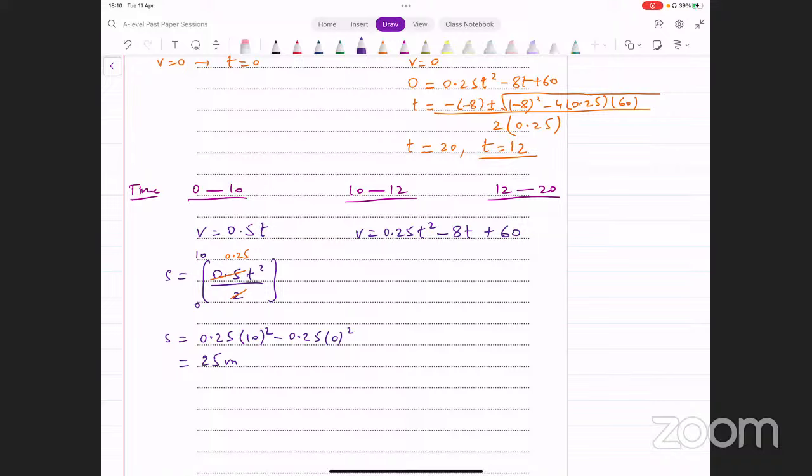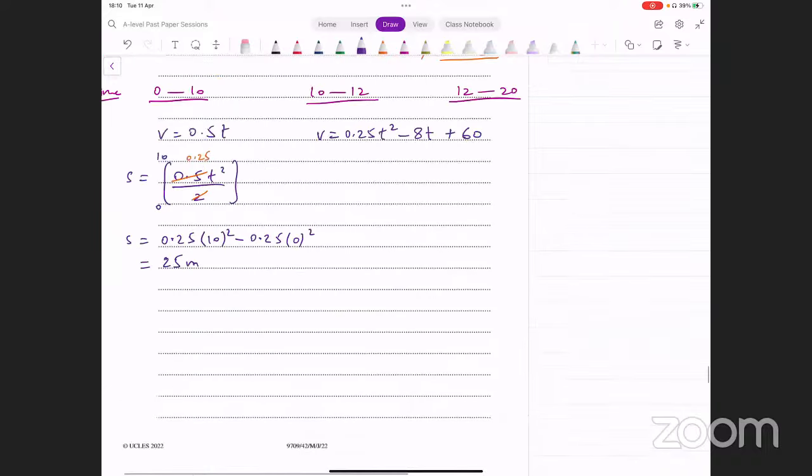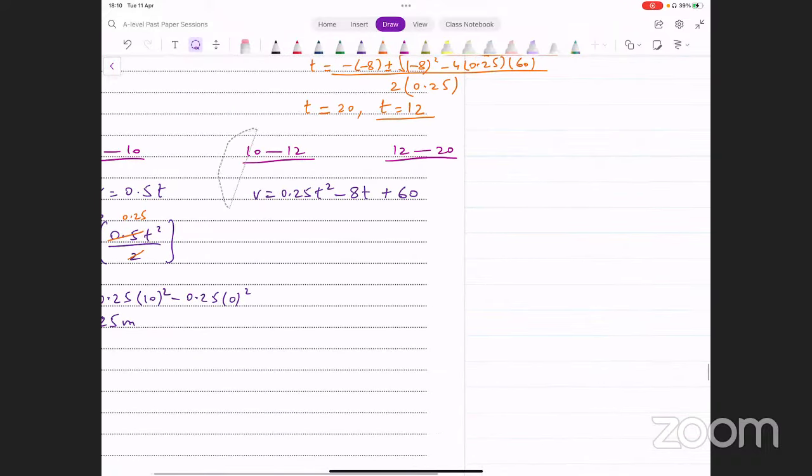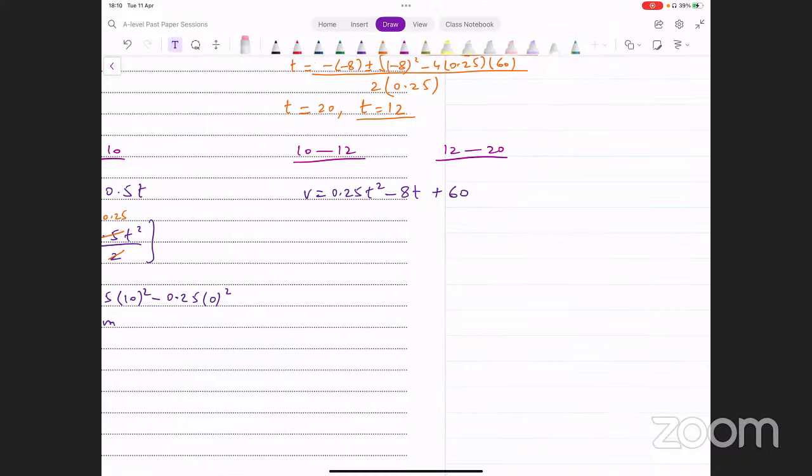Now let's look at the second and third parts of the journey. मैं इसको यहाँ पे साइड पे कर रहा हूँ, उसने आपको एडिशनल पेज पे दिया हुआ है, आप नेक्स्ट पेज पे भी जाके कर सकते हैं. I'm doing this on the side here. 10 से 12 and 12 to 20.